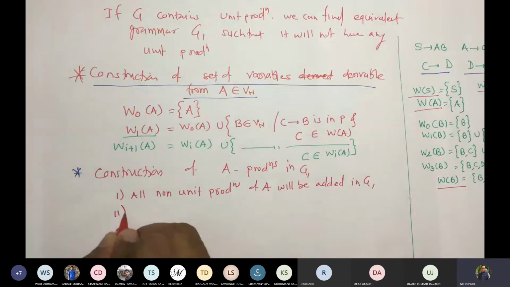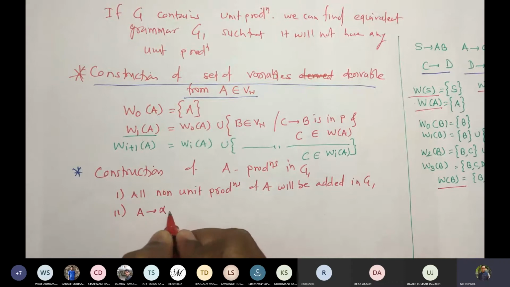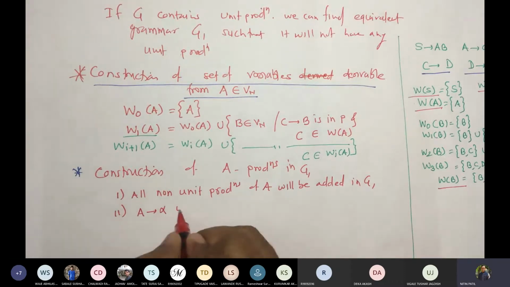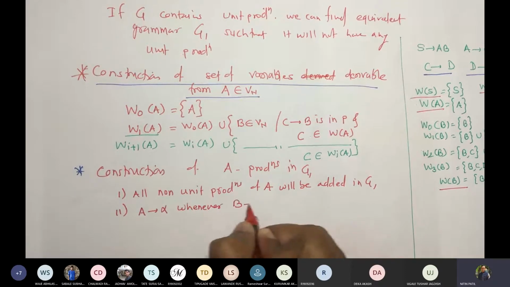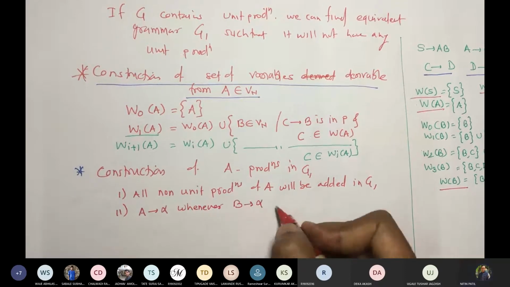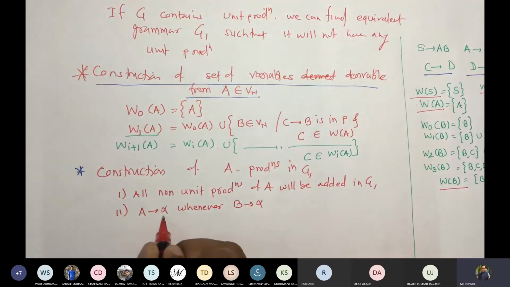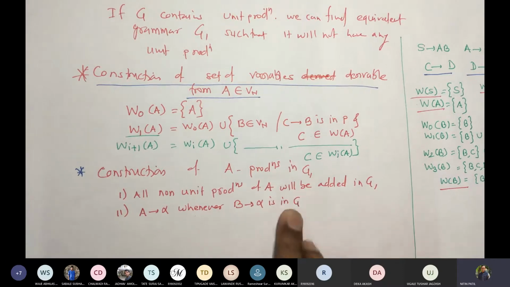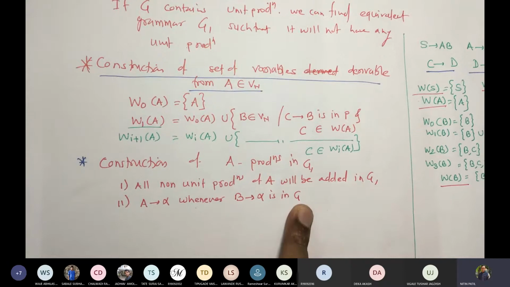Now what about unit productions? So whenever there is something called A gives alpha, we will add A gives alpha whenever there is a production B gives alpha. We have to add A gives alpha whenever B gives alpha is in your original grammar. This B gives alpha should be there in G.